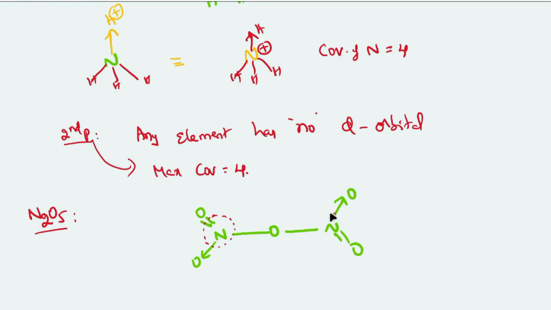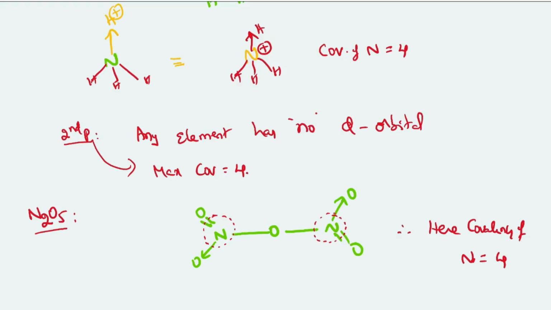Covalency definition: number of covalent bonds attached to an element. That means one element. Therefore, here covalency of nitrogen is 4, but not 5. Our feeling is N2O5 contains 5 oxygens, therefore covalency must be 5. No. Here the covalency of nitrogen is 4 only.